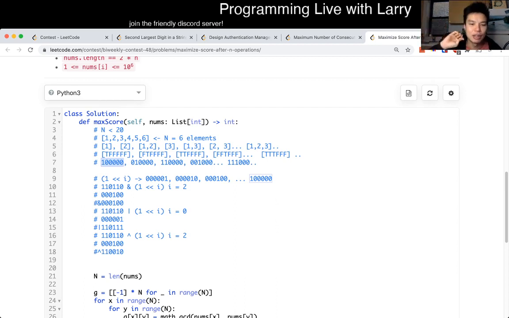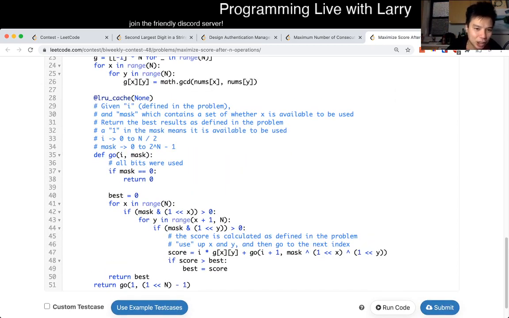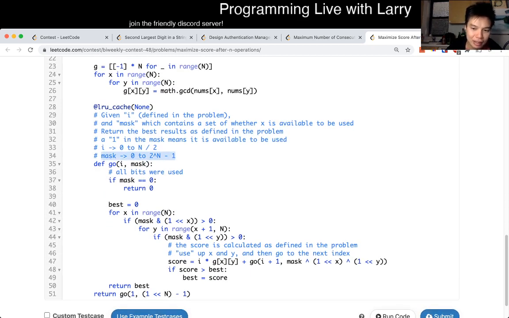So there are 2 to the n possibilities, right? That's just a combinatorial thing. And technically, this is actually much smaller, because note that we always take 2 bits at a time. So for example, you can't have an odd number of bits used. So this is actually much smaller. But as an upsolving, you could prove the bound on that one.